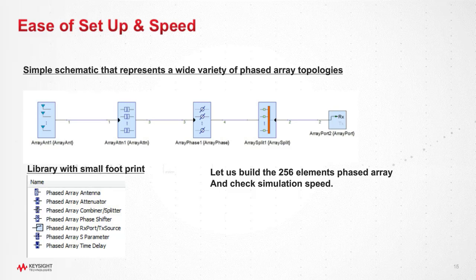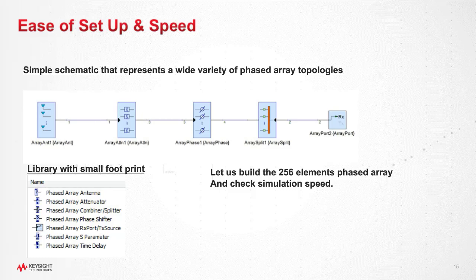And also, it is possible for phased arrays that we create a small footprint of library and then use that to create almost 80 to 90% of the variety of different types of phased arrays. So as shown here, we have a very easy to use library, a footprint of models that can be very quickly assembled to create a 256 element array as shown here.